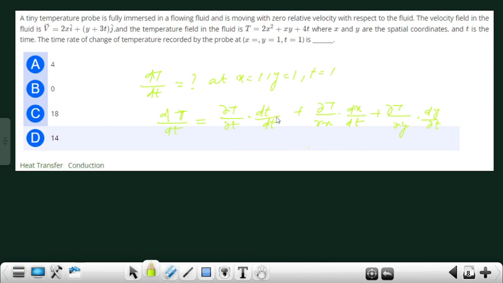So this dx by dt and dy by dt represent velocity in the x direction and velocity in the y direction. So rewrite this, and dt by dt is equal to 1. So del T by del t plus u into del T by del x plus v into del T by del y.